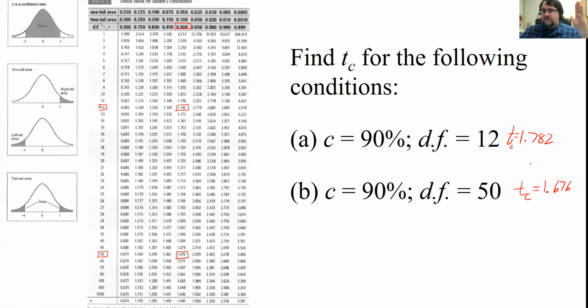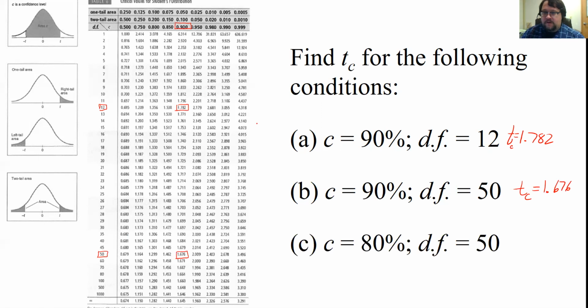Remember, we're creating an interval. If you get a larger sample, you can make that interval a little bit more precise, a little bit smaller. And then on this one, now we're keeping the degrees of freedom the same, but we're reducing the confidence level. So this time we're going to look at an 80% confidence level, and again 50.